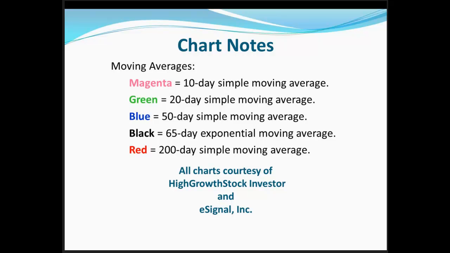But on some of these charts, because we use them for all kinds of presentations, we do show a 20 and a 65-day, which are moving averages that I use on the short side primarily, and occasionally on the long side, particularly when we've dealt with the iShares Silver ETF, which is the SLV. Oh, and I should mention we'd like to thank our chart providers, High Growth Stock Investor and eSignal, who are very generous in letting us use their charts.